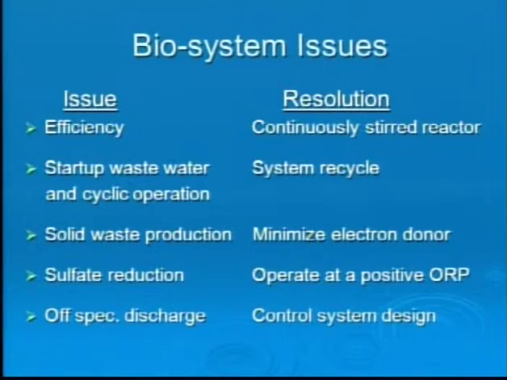Another concern in some of these reactors is sulfate reduction, and our system has always operated in a positive ORP. One of the other concerns that Eugene and others talked about is off-spec discharge. What do you do to prevent material that is not in compliance from leaving the site? We're going to talk about that.